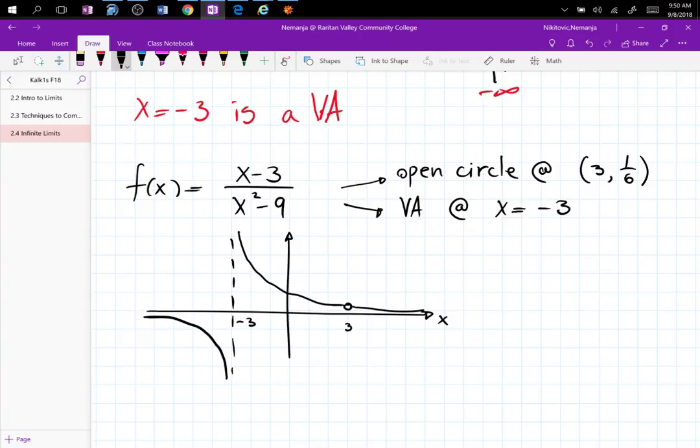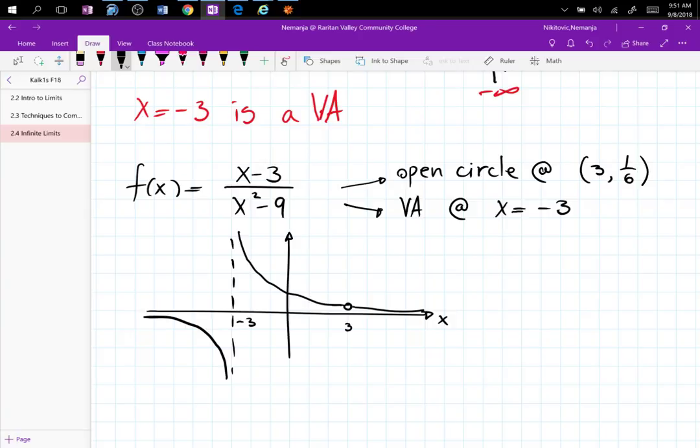Now, if you want to verify something like this on your graphing calculator, which you are not allowed to bring in on exams, you will graph it, and then you will zoom in to the value that you're interested in. I did this in class on Thursday.